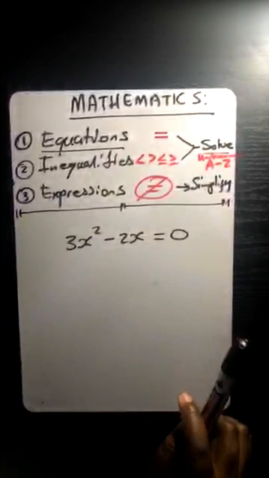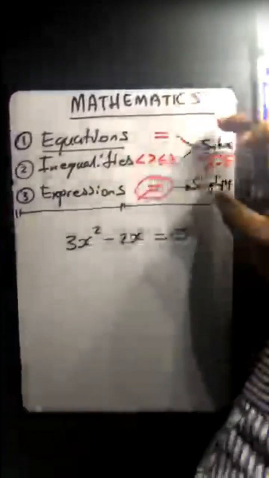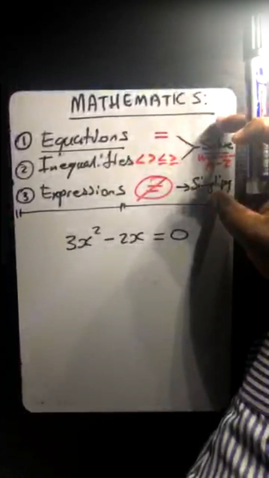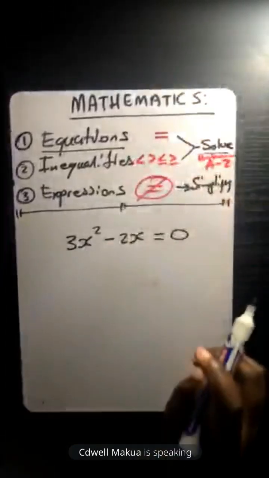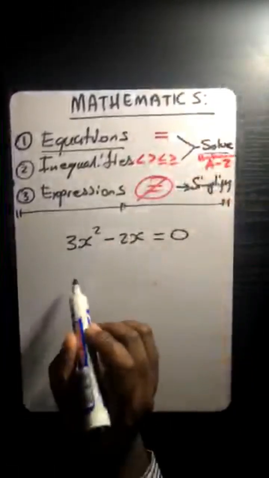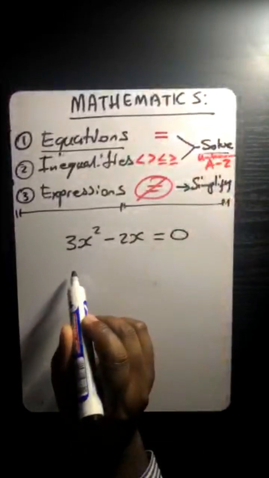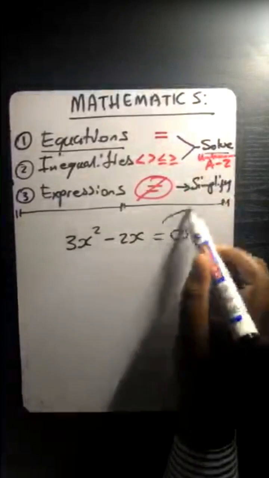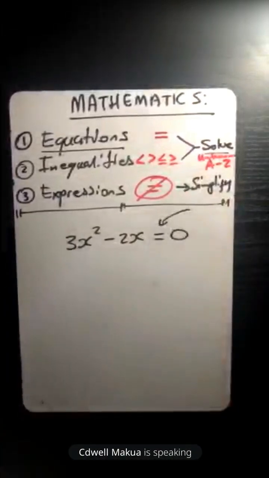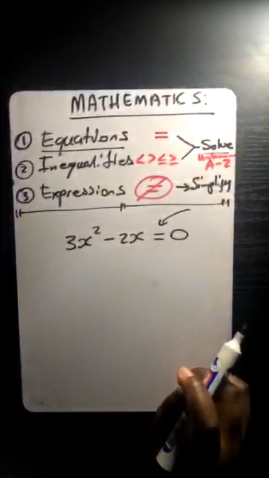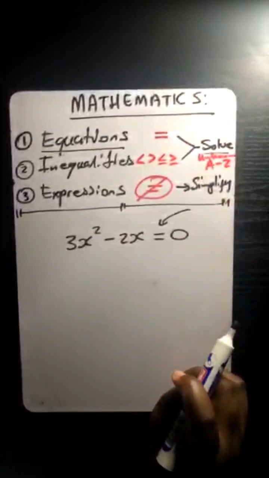I think it's going to be an equation. Yes, it's going to be an equation, and because of that, the next question is, what type of an equation is that?